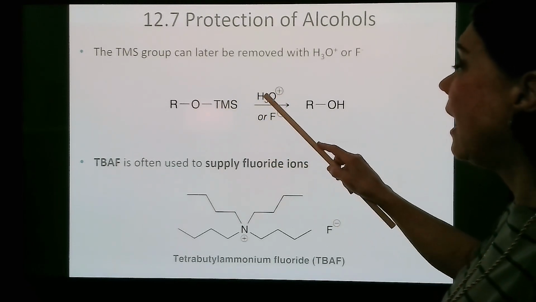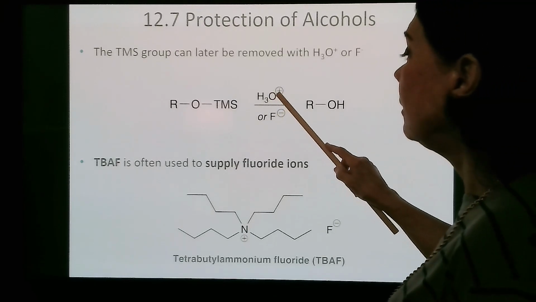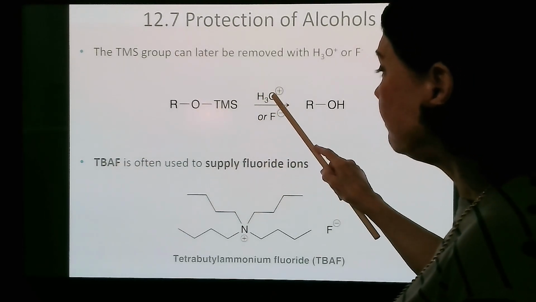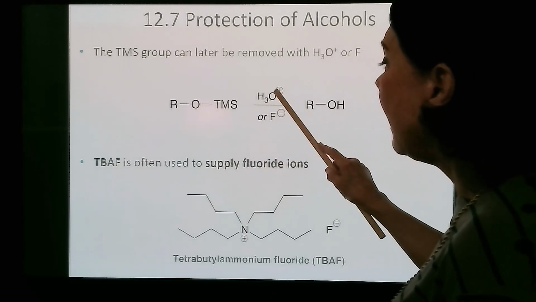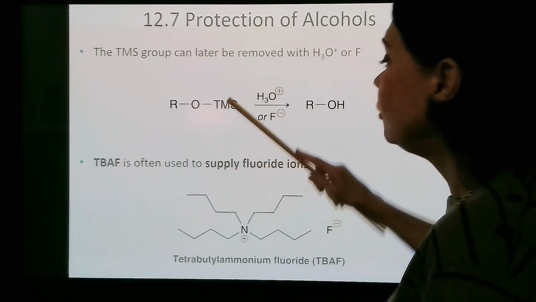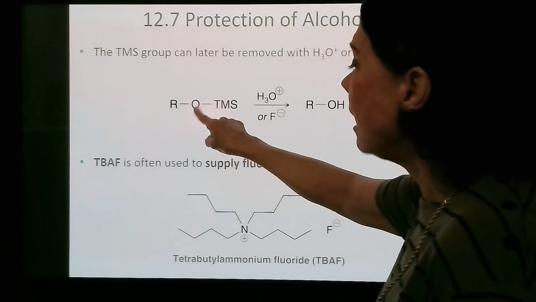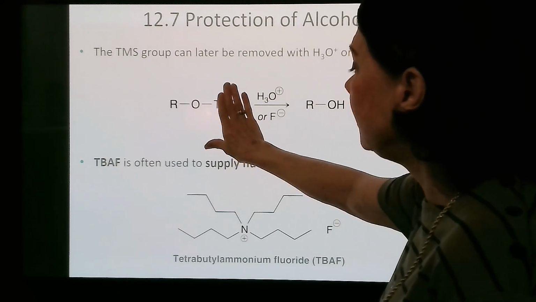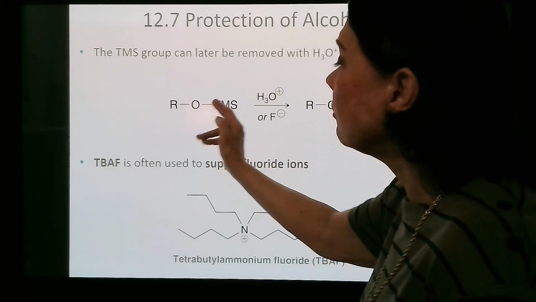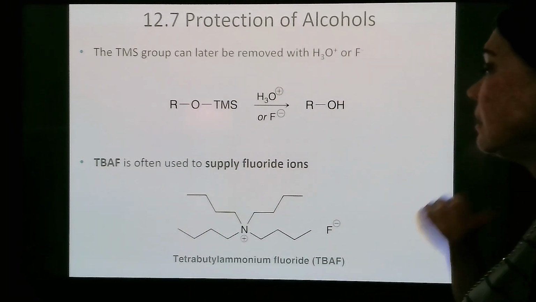And here we have H3O plus, so this can be protonated because this is just simply dilute acid, and then the oxygen would do the backside attack, okay? And once you've protonated oxygen, you would have an SN2 reaction here, and your alcohol would depart. You're going to break that silicon-oxygen bond.